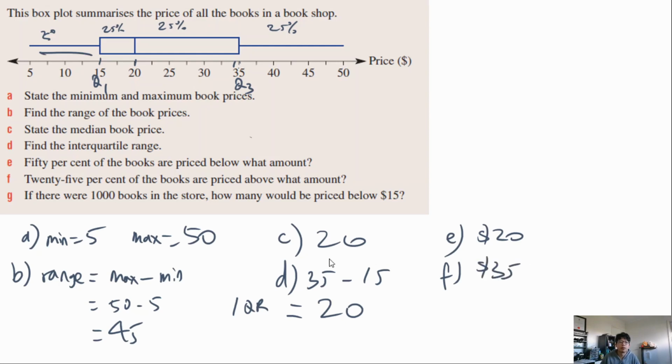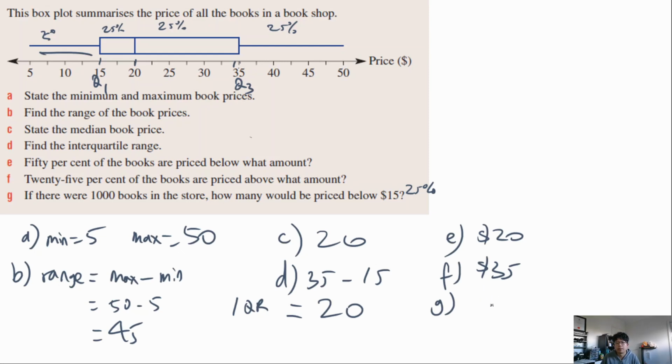And moving on to the last question, if there were 1,000 books in the store, how many would be priced below $15? $15 is Q1 here, the lower quartile, so that means there's 25% of the books below that. We know that there's 25% below, but we don't know how many. It tells us there's a total of 1,000 books, so we need to find 25% of 1,000.